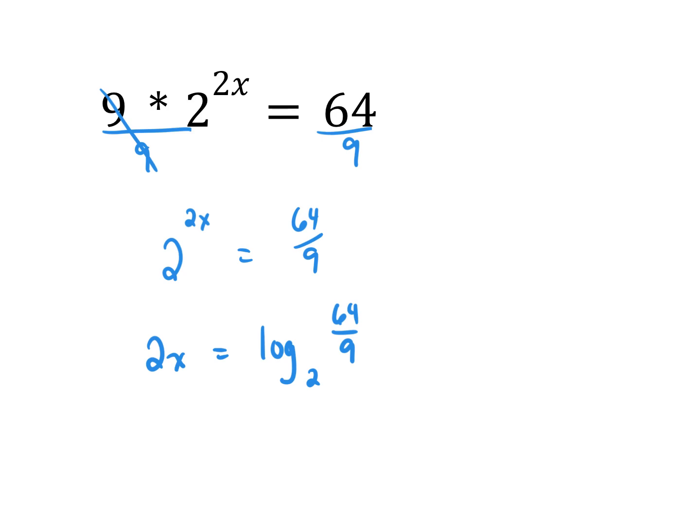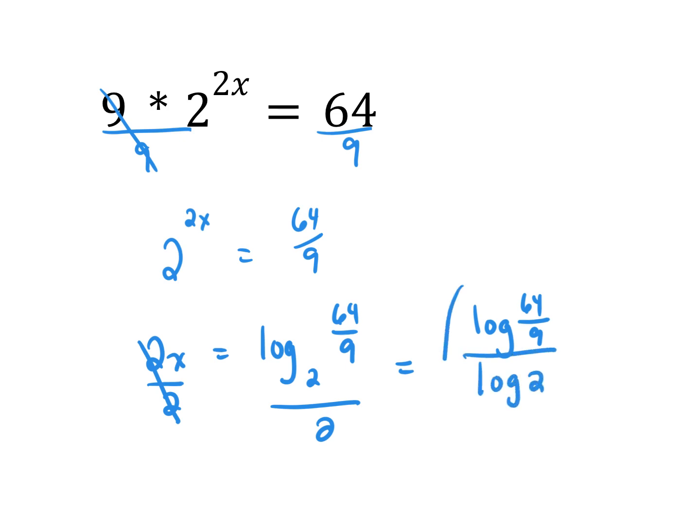Now to get this, we're of course going to have to divide by 2 to finish it up. So x is log base 2 of 64 over 9, over 2. If I was going to write this in my calculator, I'd do log of 64 over 9 divided by log of 2. I'd probably just put that whole thing in parentheses, and then I'd divide it by 2.